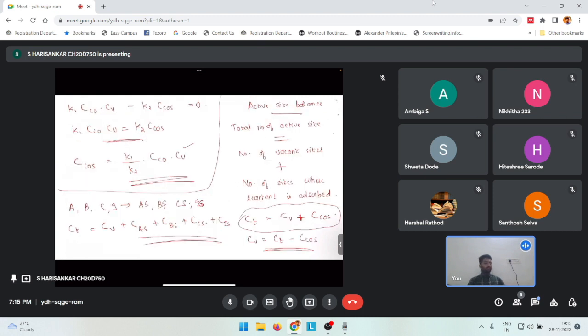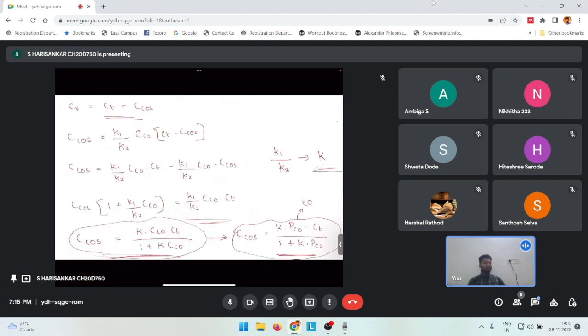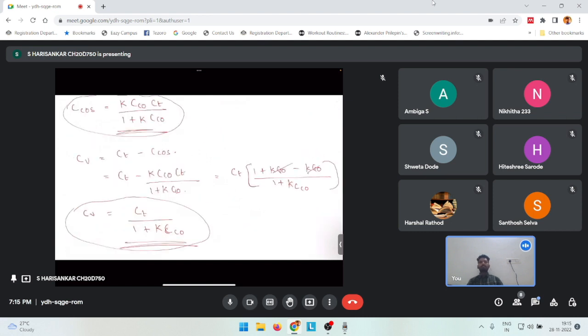We finally found the terms CCOS and Cv in terms of CCO and Ct, which are known to us. So from this, you'll have to proceed further to find your reaction rate for different scenarios.